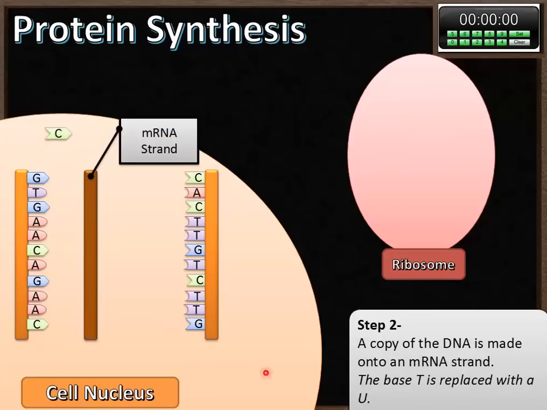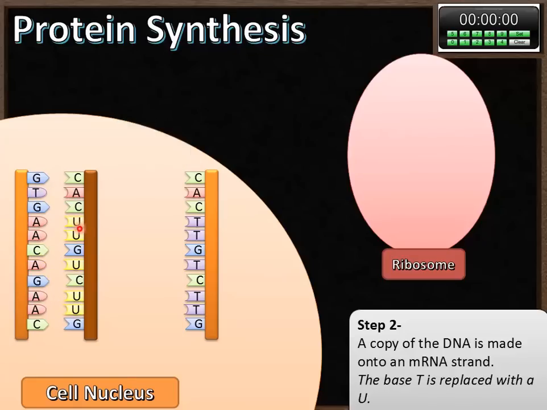So a new strand is added, a new backbone, and complementary bases are added. You will notice that the base T, which normally pairs with A, is replaced with the base U. So G's pair with C's, T's pair with A's. A's would normally pair with the T, but instead we've got a U replacing it.